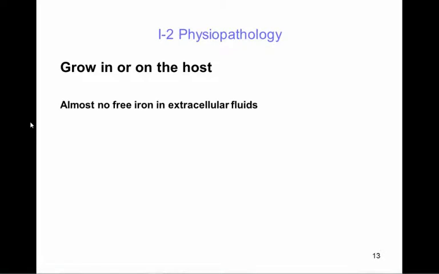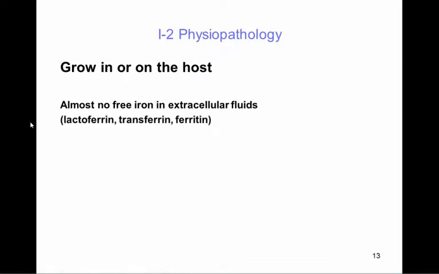But there is almost no free iron in extracellular fluids. And as you know, this is one of the oligoelements that's necessary for bacterial growth. So this is going to be a limiting factor for the growth of pathogenic bacteria. So they all have to express some kind of system for recovering iron in the host.